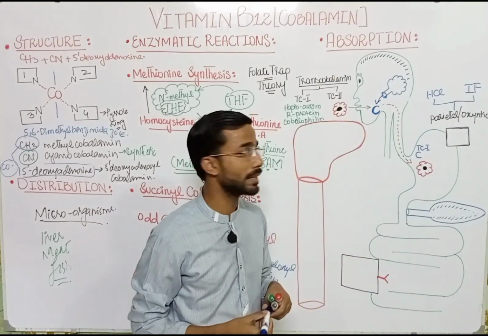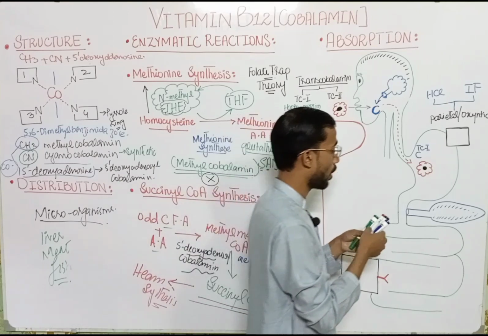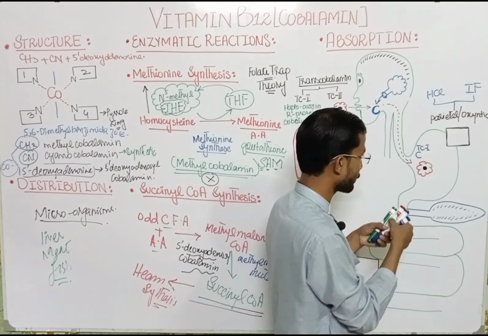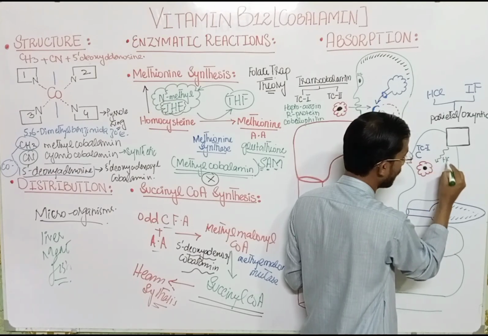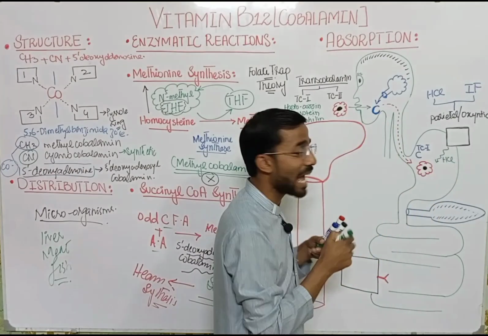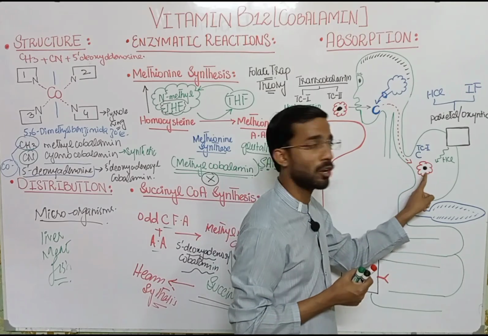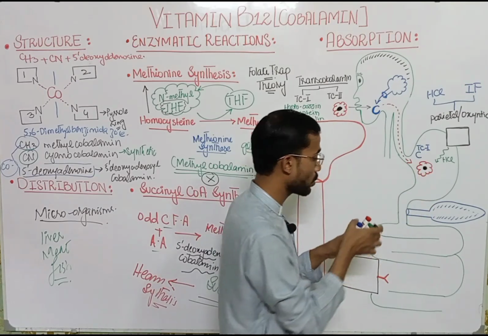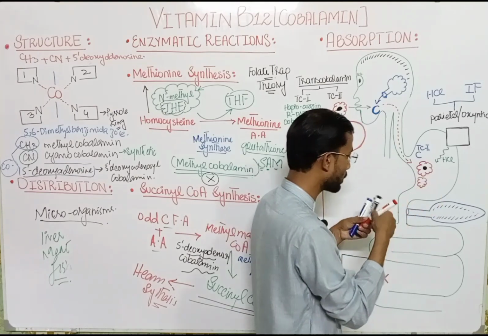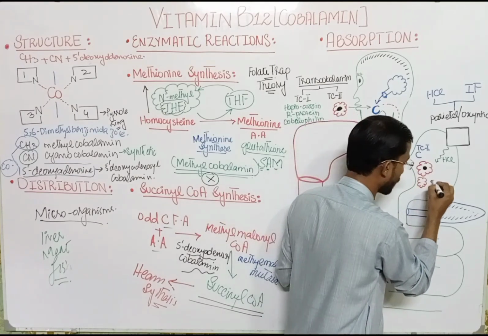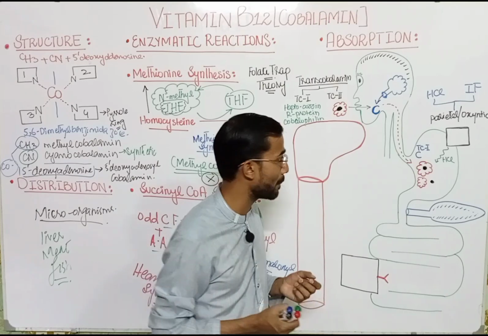Two things are produced by the parietal cell. Now, when the HCl is produced, what will happen? It dissociates the cobalamin from the food. So now the food is separate from the cobalamin in the acidic environment.